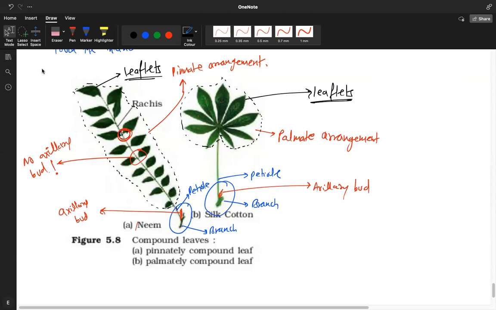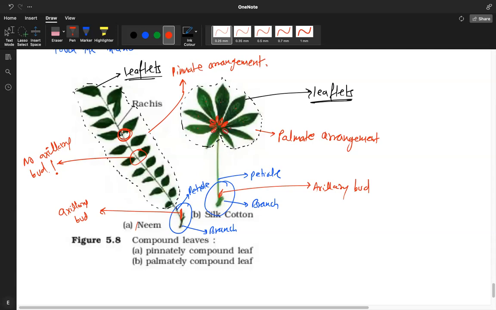But it's not found in the axil of leaflets of the compound leaf. So if you think that here, the thing that I'm marking, these regions are the axils of the leaflets, right?